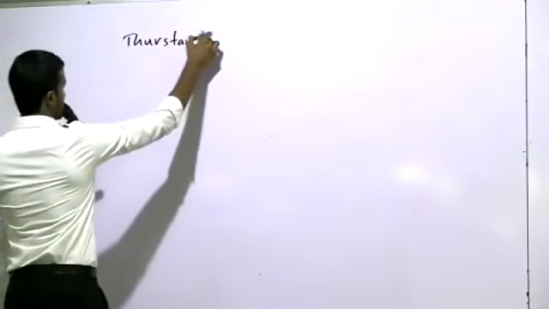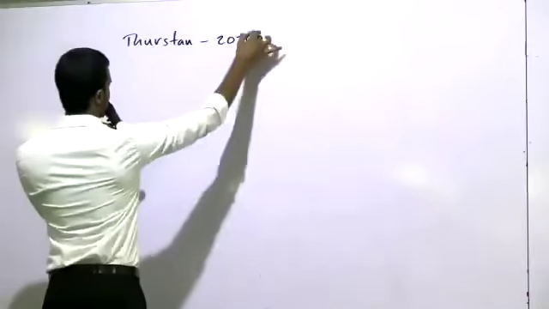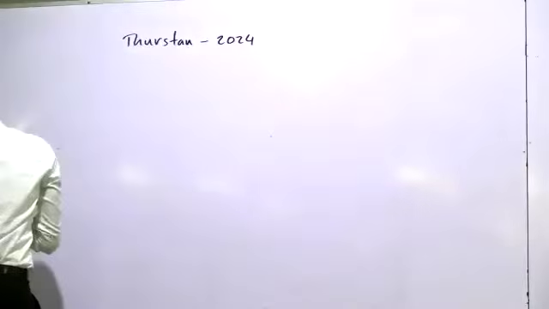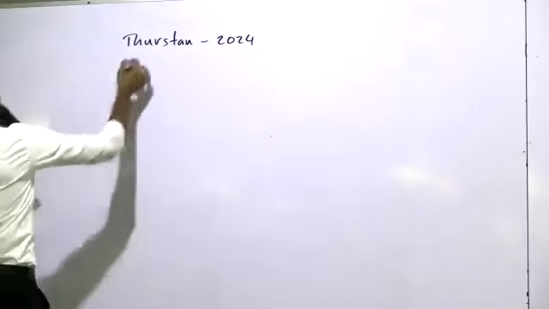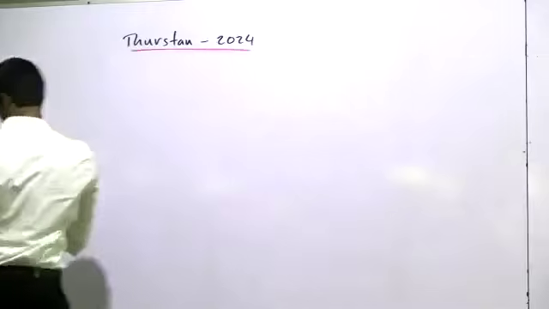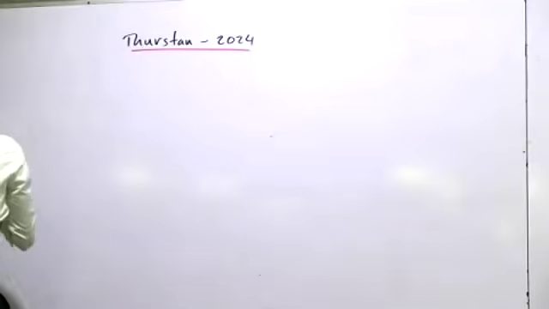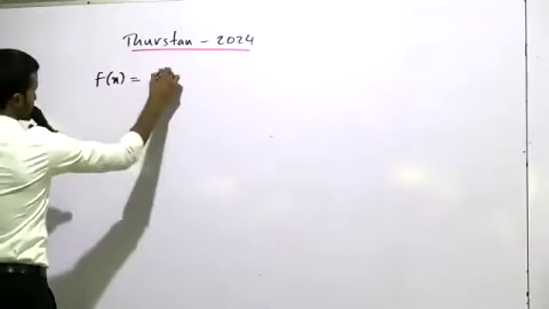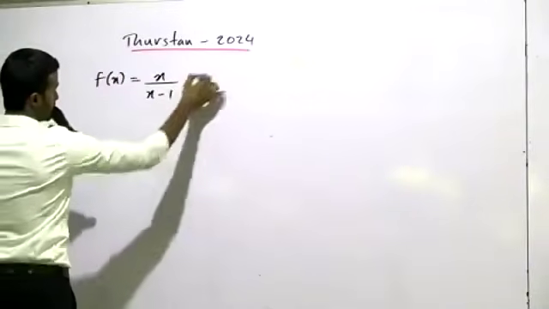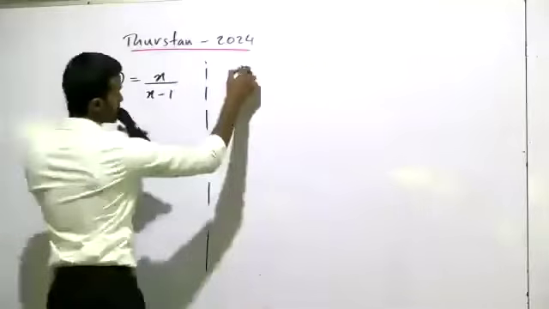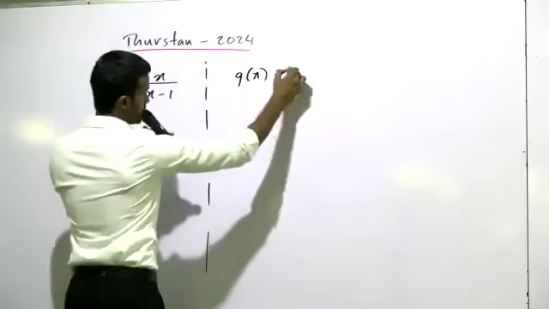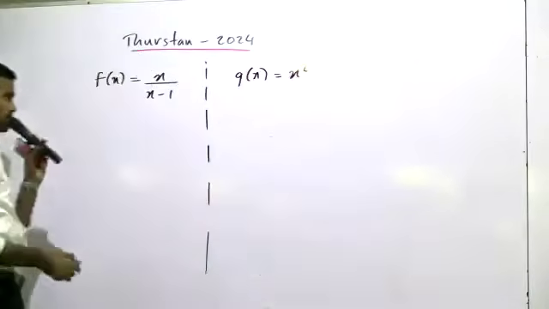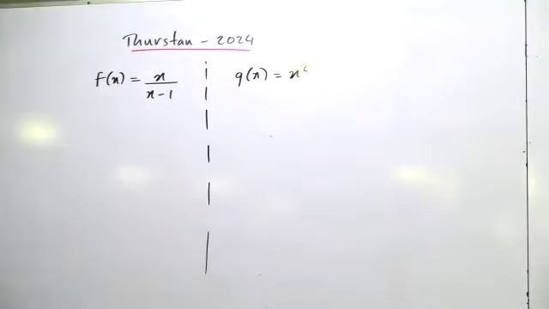It's from the Thurston College 2024 paper. The two functions they have given are f(x) is x over x minus 1 and g(x) is x squared. Write down the domain and the range.